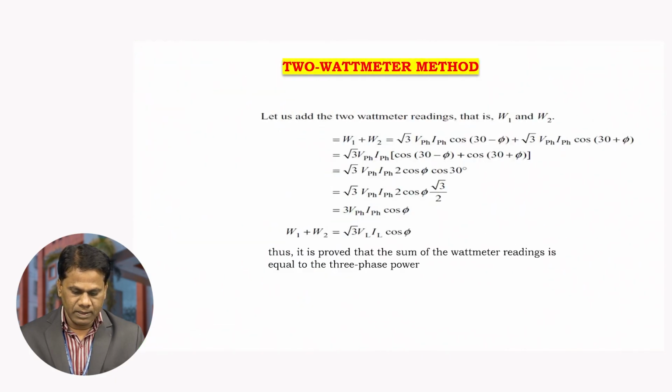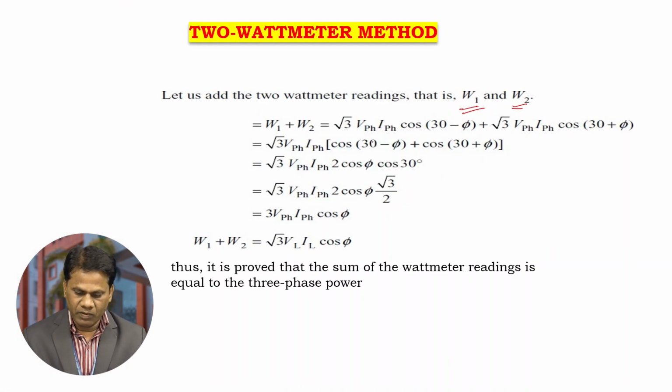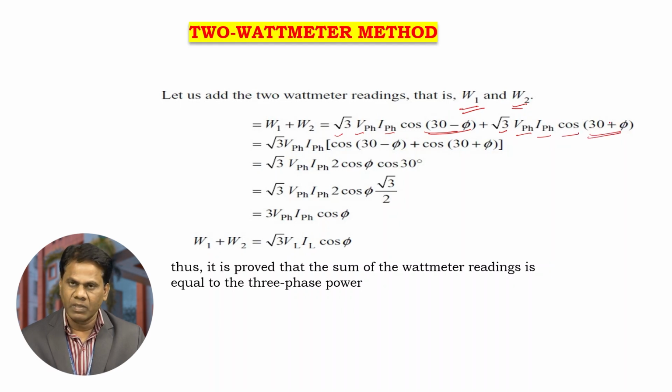Let us add the wattmeter readings W1 and W2. W1 is root 3 V phase I phase cos(30 minus 5), whereas W2 is root 3 V phase I phase cos(30 plus 5).